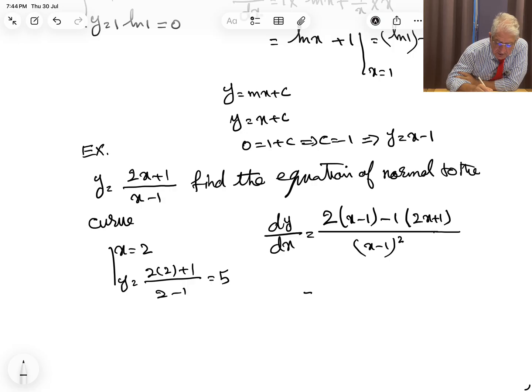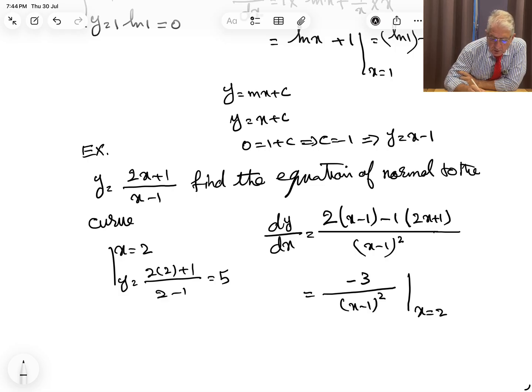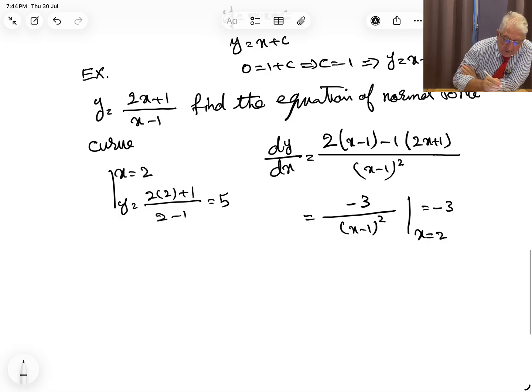If you simplify this, 2x cancels the 2x, minus 2 minus 1 is minus 3, so negative 3 over x minus 1 squared. Now we want to find it at x equal to 2. At x equal to 2, 2 minus 1 is 1, 1 squared is 1, therefore it is negative 3.